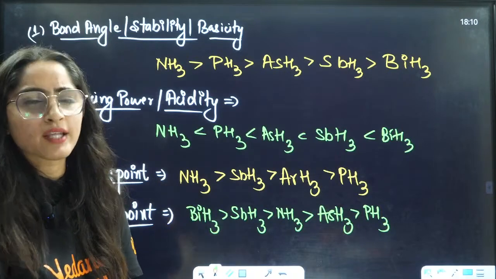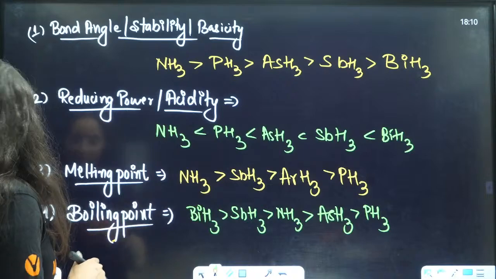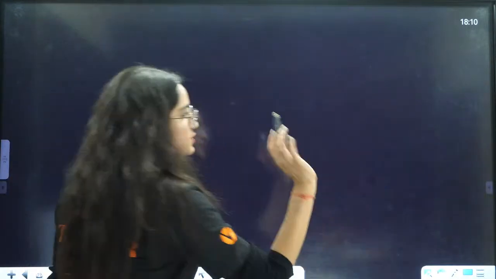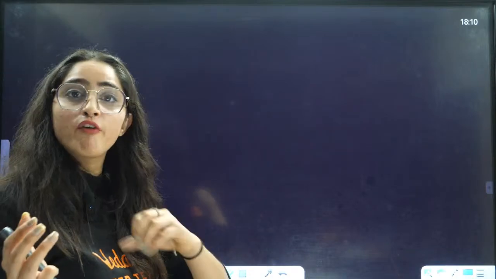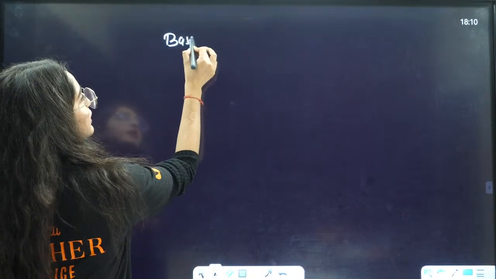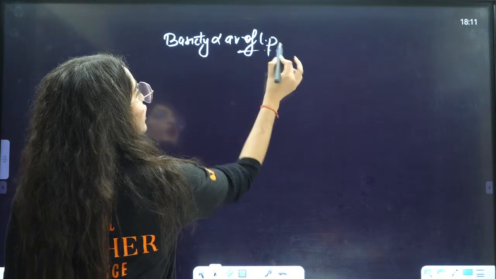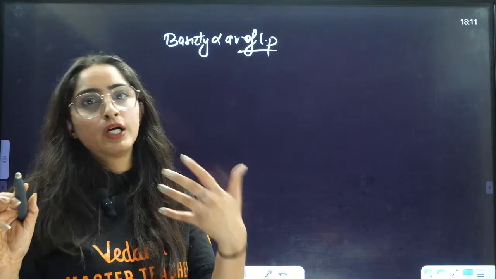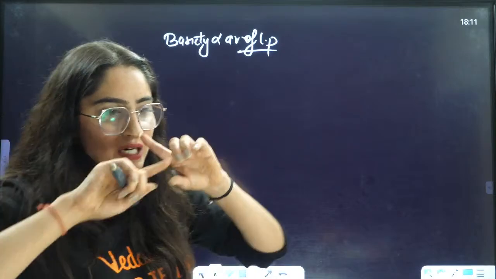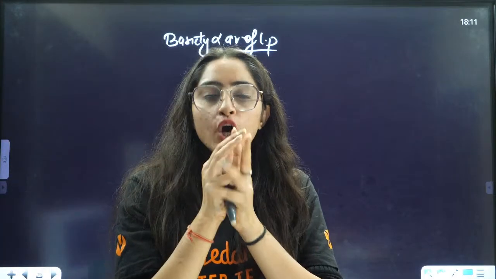Basicity, just tell me one thing. What is basicity? You can understand this by the concept of acidity also, or by basicity. Basicity means availability of lone pair. Now, if the size is small, lone pairs are more available to you.